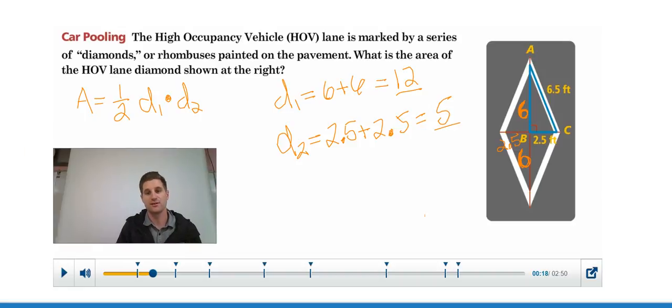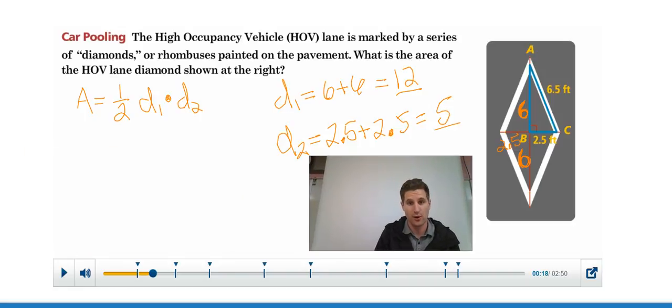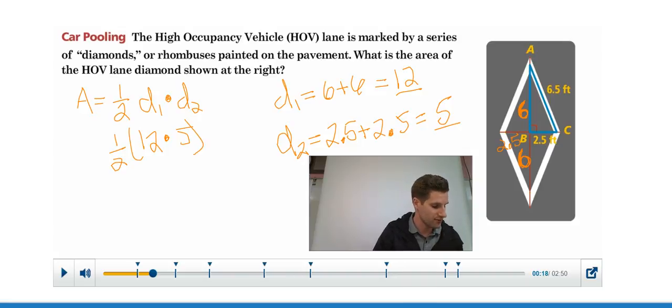So there's our two diagonals. We just got to use those to set up the equation. So we get 12 multiplied by 5, and then we're going to take half of that. Okay? And so 12 times 5 is 60, and then we take half of 60, and we're going to get 30, and this is in square feet.